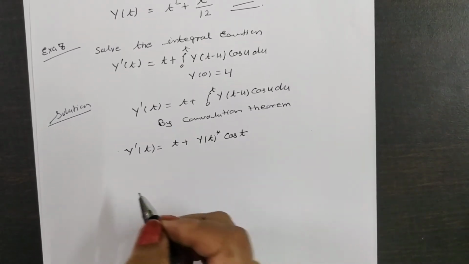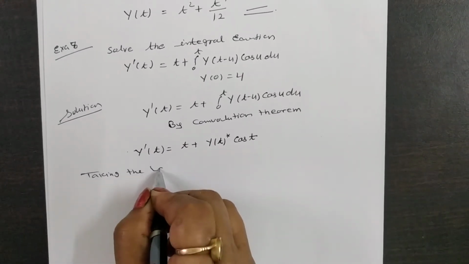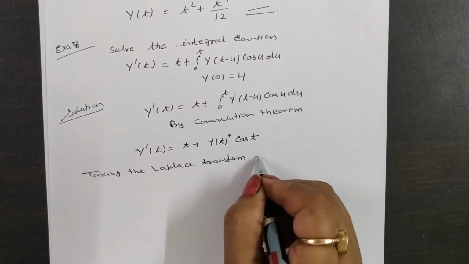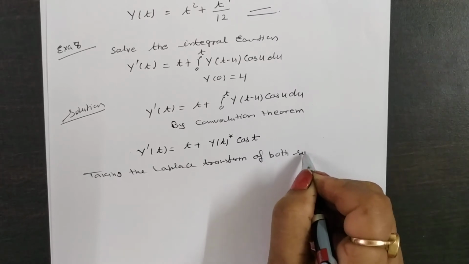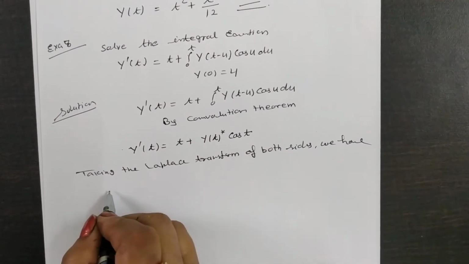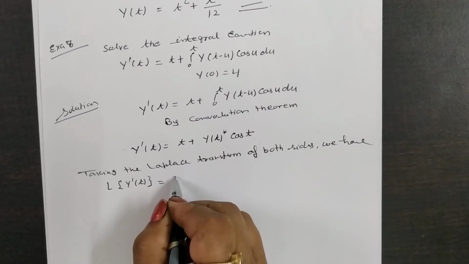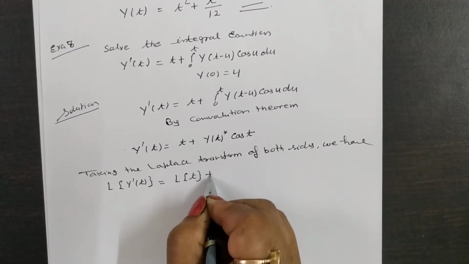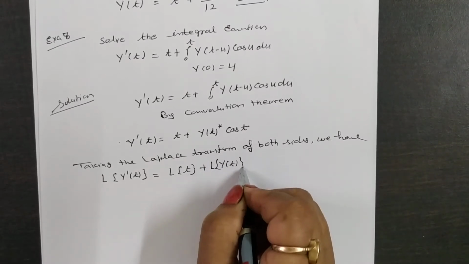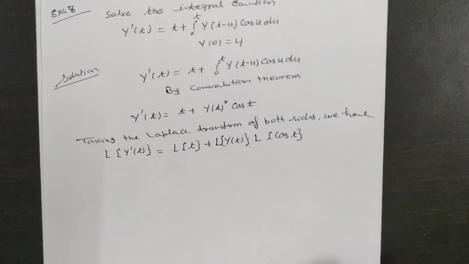Now we are taking the Laplace transform on both sides, the same process as the earlier examples I have solved for you. Taking the Laplace transform on both sides, we have Laplace of y dash t equal to Laplace of t plus Laplace of y(t) times Laplace of cos t, by the convolution theorem.